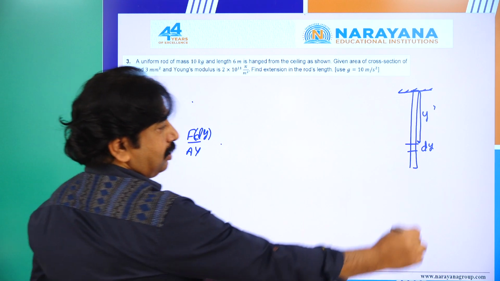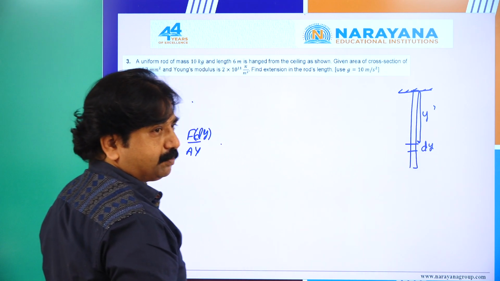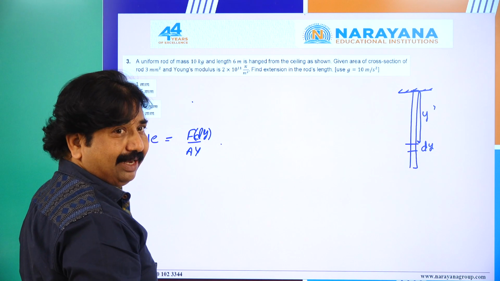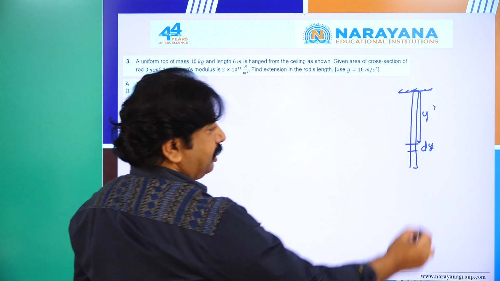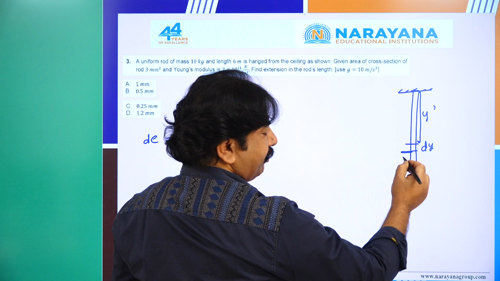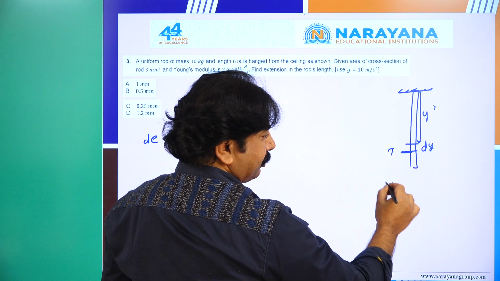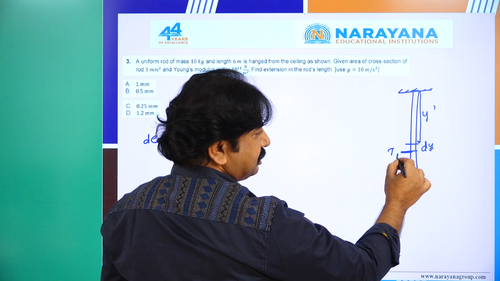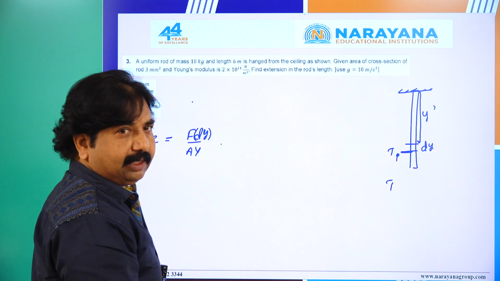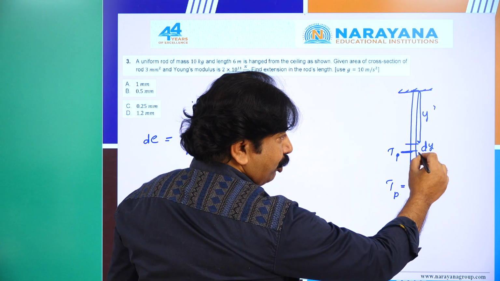Now we want to calculate the elongation in this small part of length dy. Here one more point we have to calculate: the tension at this region is equal to T at this point. For example, this is the point P. The tension at the point P is due to the lower weight.